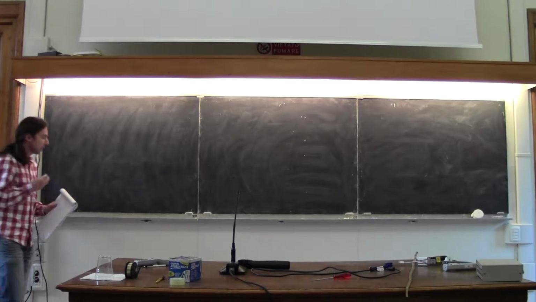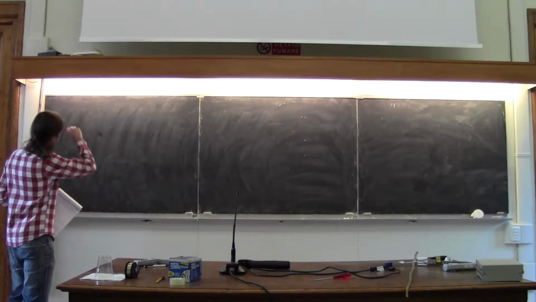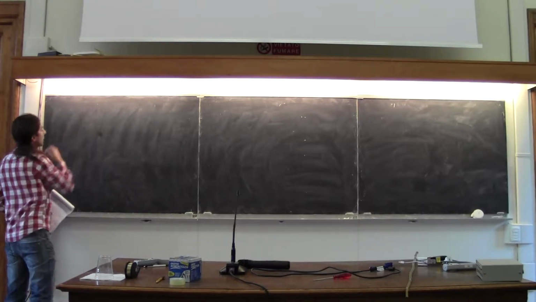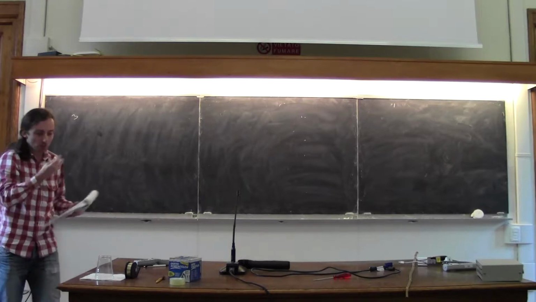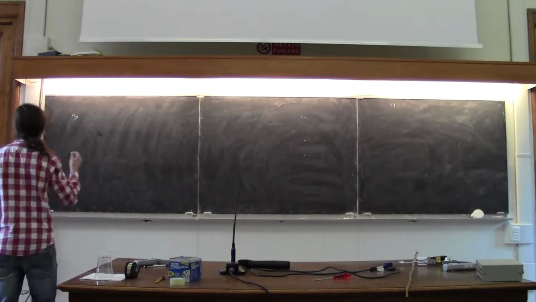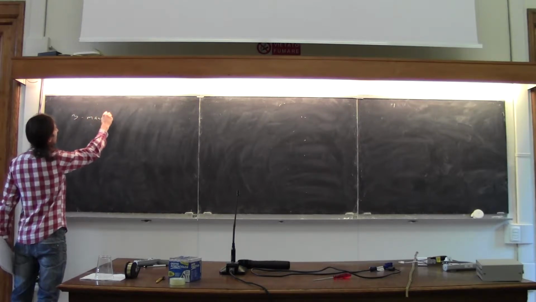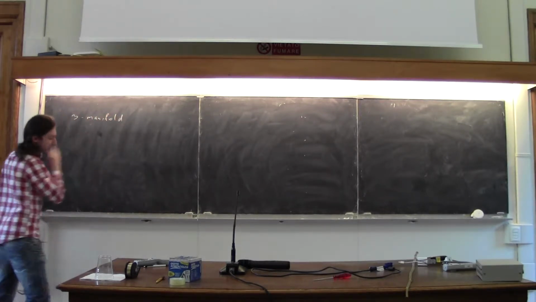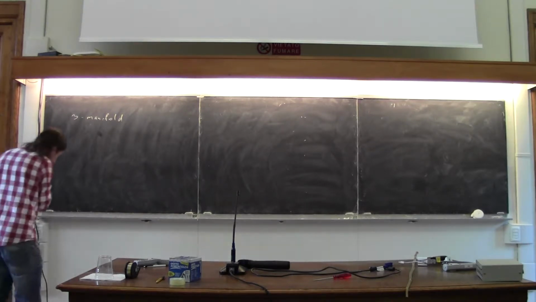So today I wanted just to mention, if you take a three-manifold, then of course there are other specific geometric structures on the moduli space of flat connections on the three-manifold. And indeed, this object appeared in the previous talk.